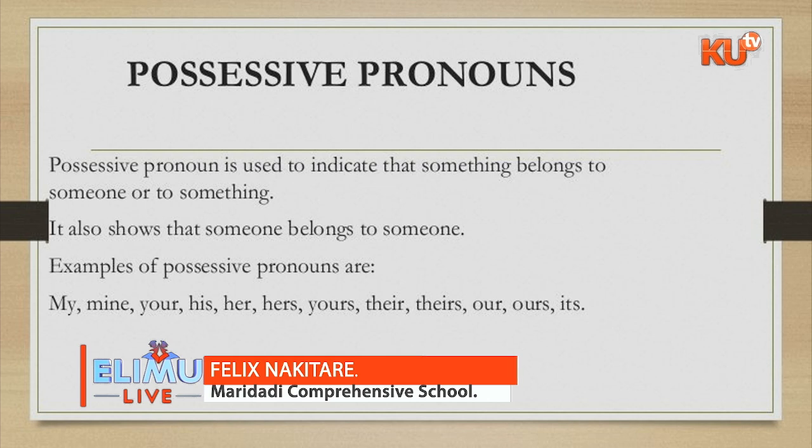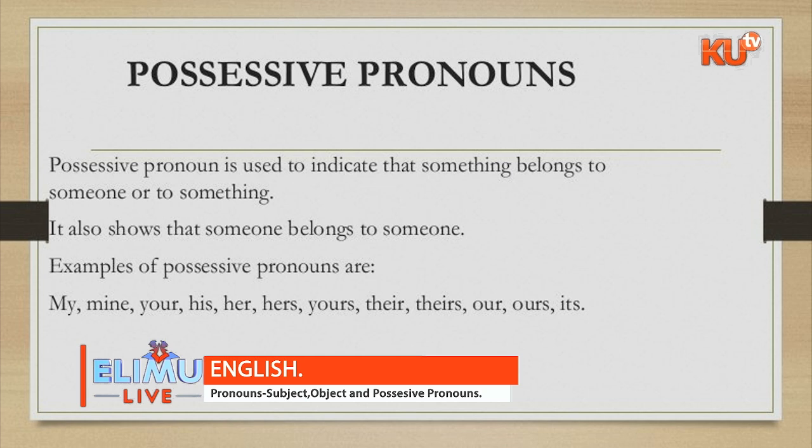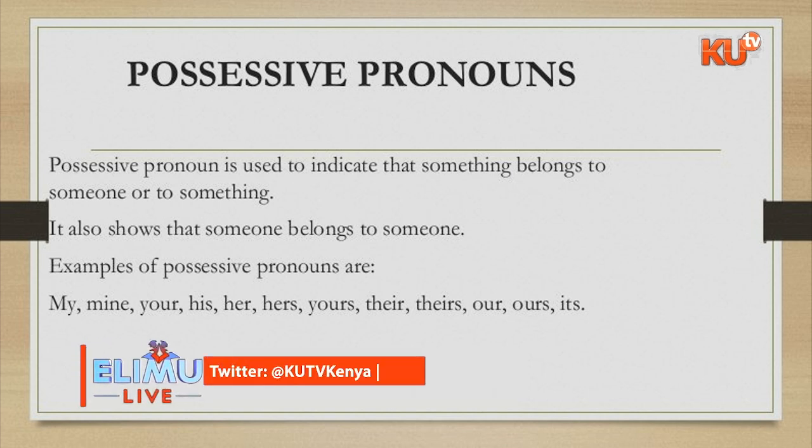My parent belongs to me. Or an item like a book. A book belongs to me. A shirt belongs to me. So showing that possession or belongingness, we use a possessive pronoun. That means if you are asked about a possessive pronoun, it's simply to show that something belongs to somebody or to something.